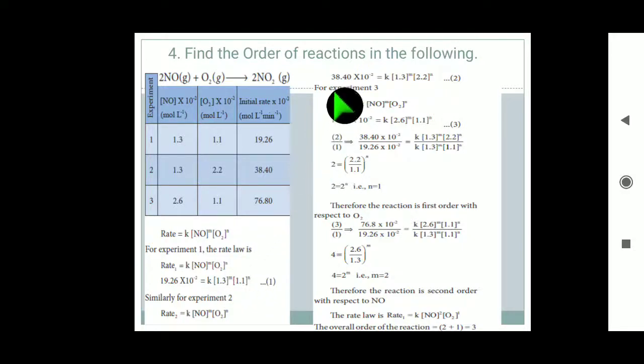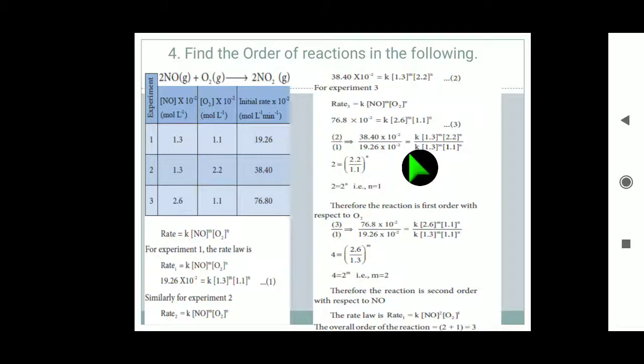Next, the second equation divided by the first equation. Here the rate 38.40 for the second equals rate constant K, 1.3 power m, 2.2 power n, divided by the first equation, 19.26 into 10 to the power minus 2 equals K, 1.3 power m, 1.1 power n.